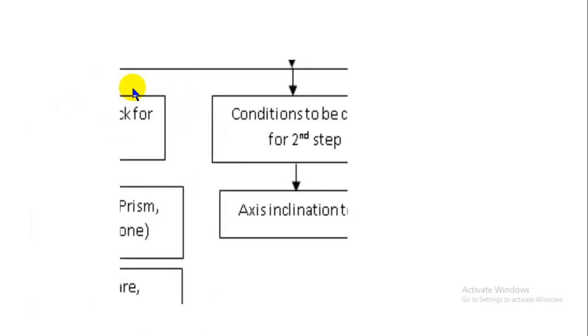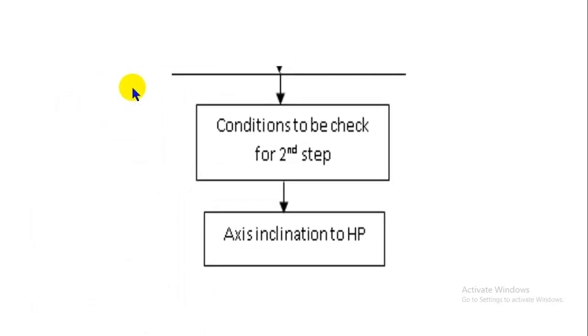And the next step, the second step: here, blindly, 90% of the problems we can get. In the second step, they will give the axis inclination to HP only. Only 10% of the problems have a different case, and that too in pyramids. In pyramids we have two cases: resting on slant edges and resting on slant face.